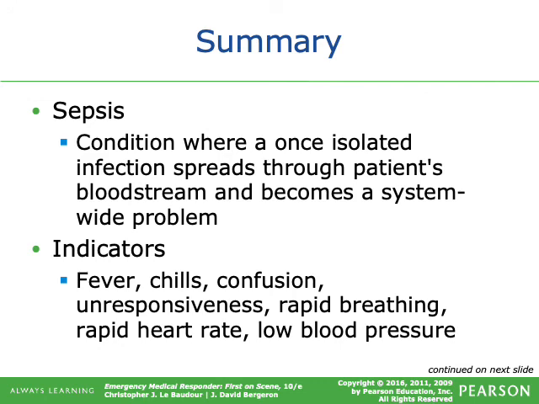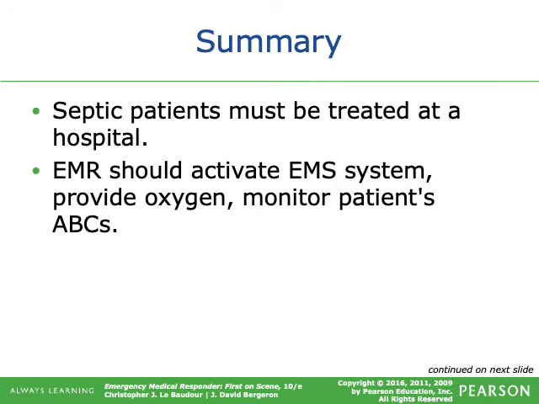Indicators are going to include fever, chills, or confusion, unresponsiveness, rapid breathing, rapid heart rate, low blood pressure. Septic patients must be treated at the hospital. The EMR should activate the EMS system, provide them oxygen, monitor the patient's ABCs.